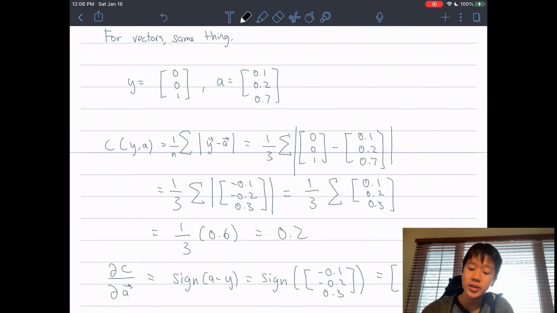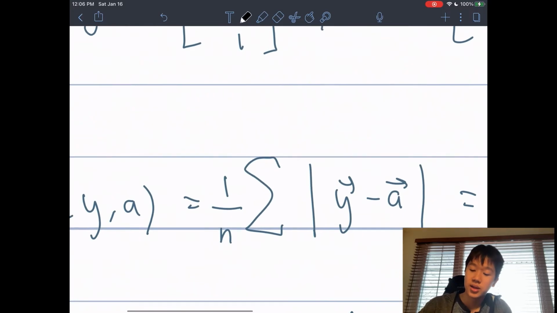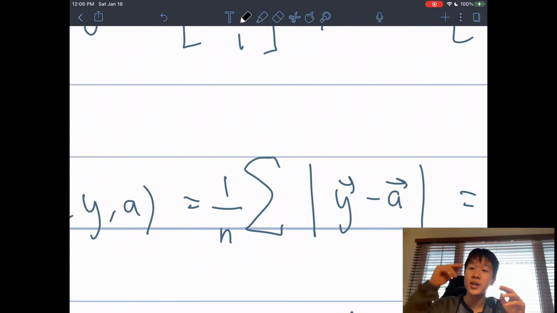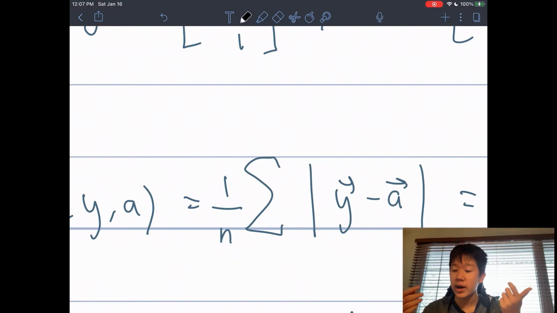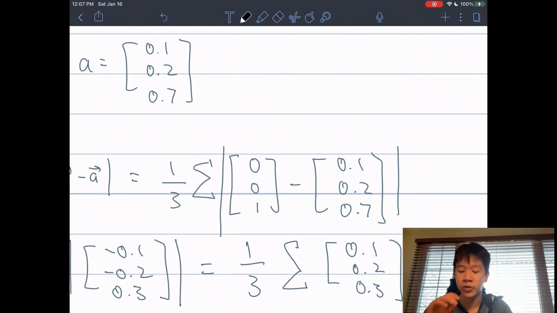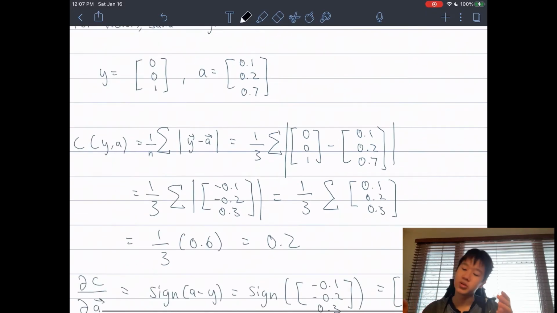Then the cost of this is going to be this expression, which is basically the absolute function, where you put the vector y minus the vector a, sum each element, and then divide by the number of elements. If I rephrase it, you take the vector y minus the vector a, take the absolute value, and take the mean of the elements. This gives me 1 over 3, because there are 3 elements, times the sum of the absolute value of 0, 0, 1 minus the vector 0.1, 0.2, 0.7.